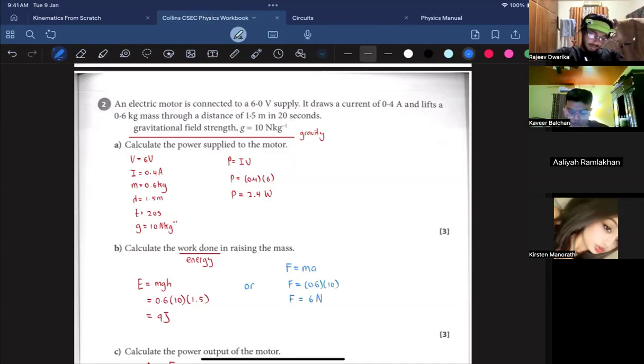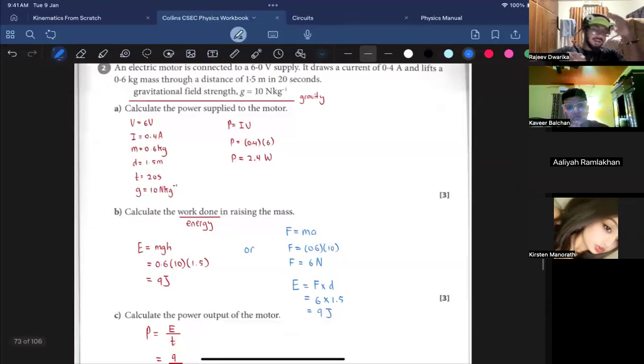And what do you do next? After that, for work done, I take force multiplied by the displacement. So energy is equal to force by distance, that will be 6 by 1.5, and I get the same answer, 9 joules. So that was perfect. That was another method.